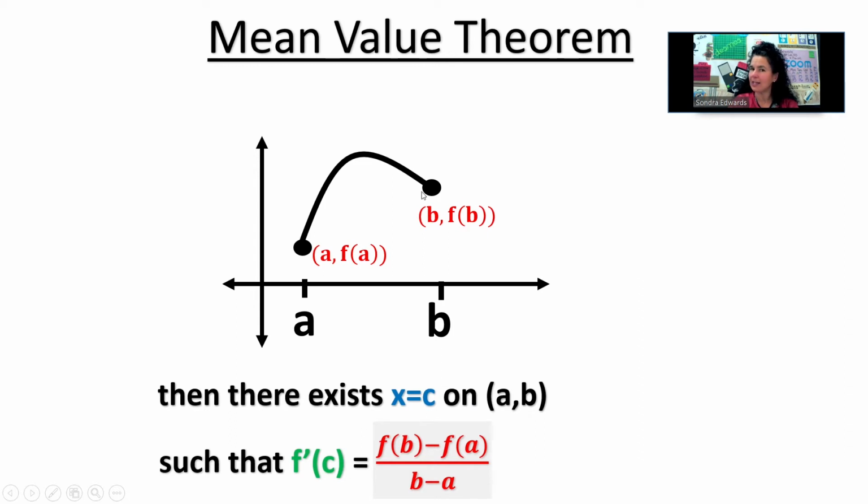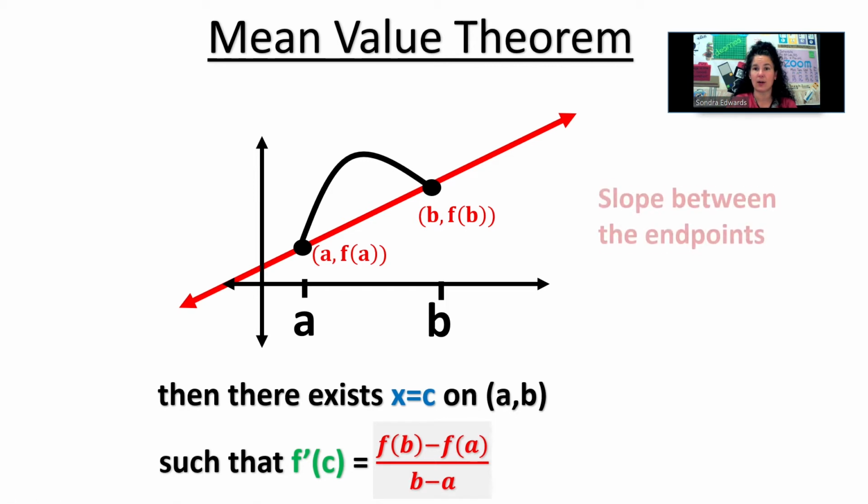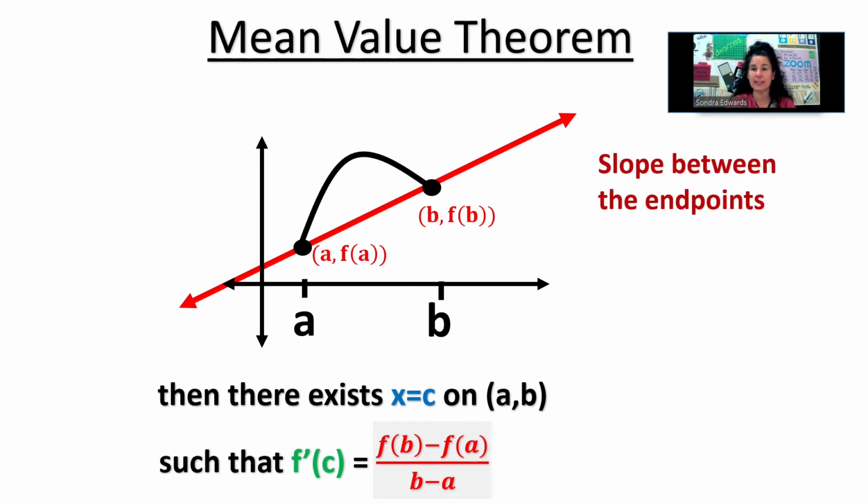Well, y coordinate minus y coordinate over x minus x, oh my goodness, there is slope. Okay, the notation maybe looks a little funny to you. All right, so instead of y2 minus y1 over x2 minus x1, we have f of b minus f of a over b minus a, which just represents the slope between those endpoints. All right, so we have slope between the endpoints.